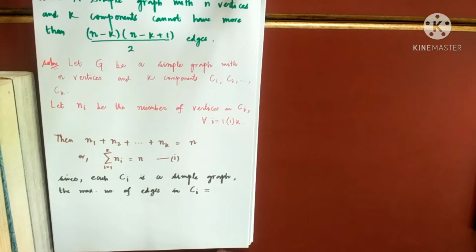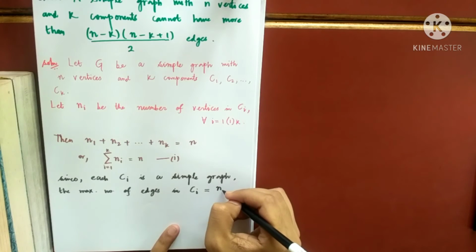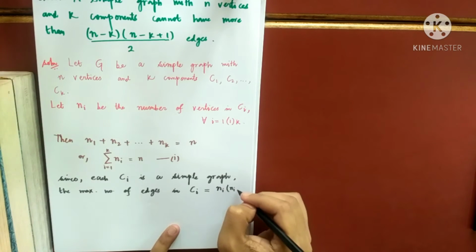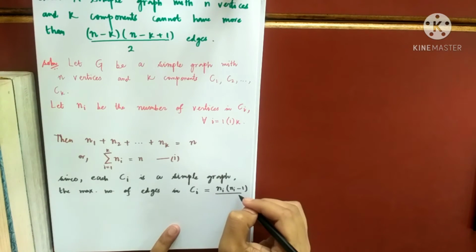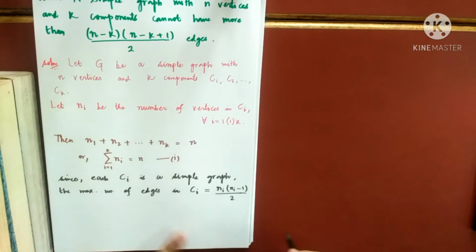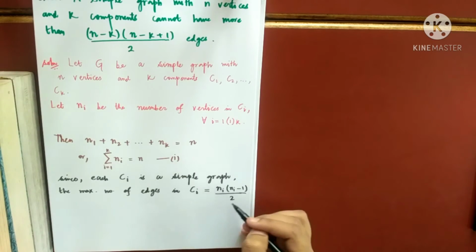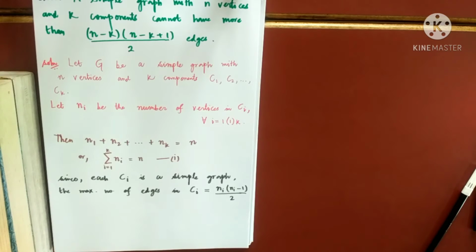Can you tell me? The maximum number of edges in Ci is Ni(Ni minus 1) by 2, just because this is the number of edges in a complete graph over n vertices.